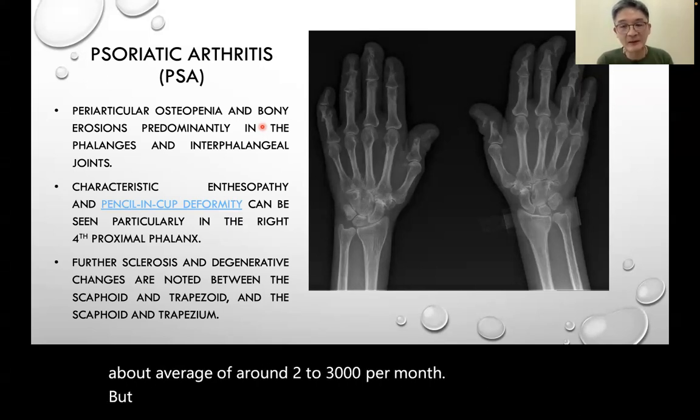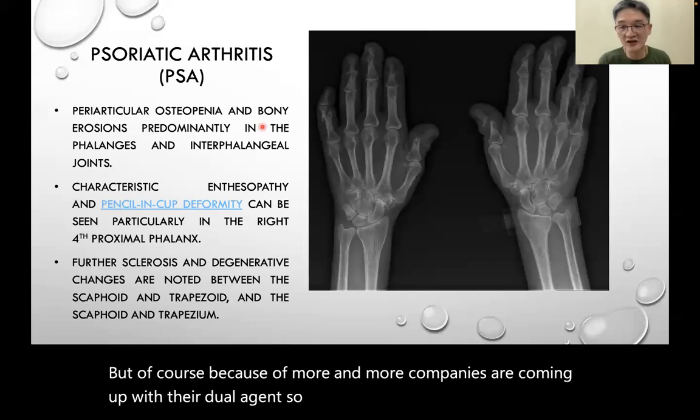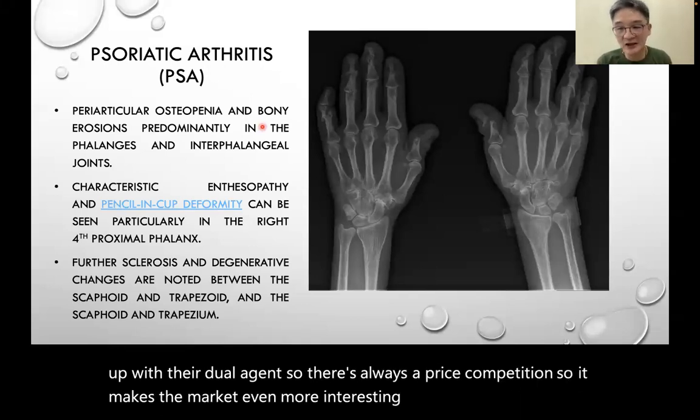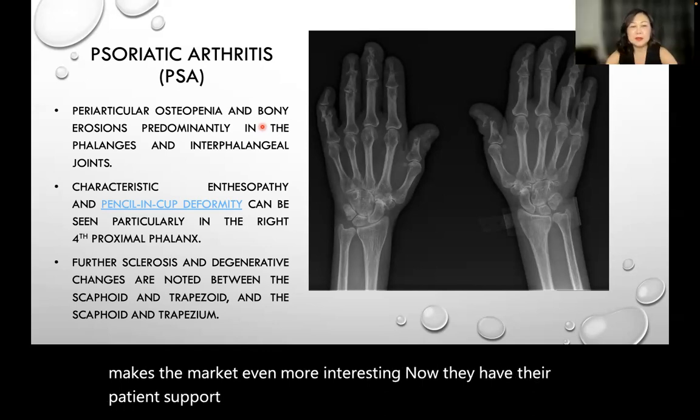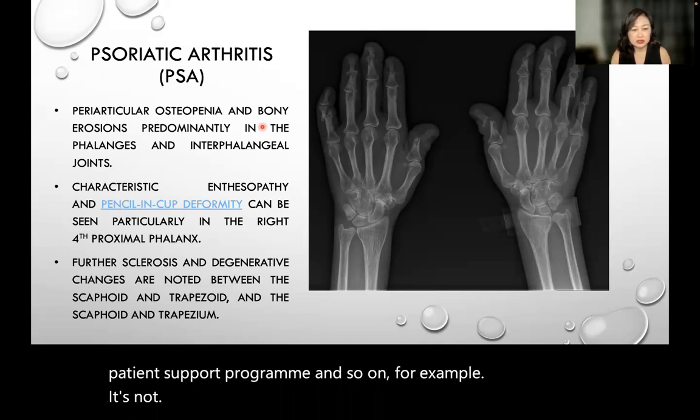Of course, because more and more companies are coming out with newer agents, there's always price competition, so it makes the market even more interesting now. They also have patient support programs and so on. For example, a GP who cannot handle a patient with rheumatoid arthritis and wants to refer must at least know how much it will cost. That's very important.